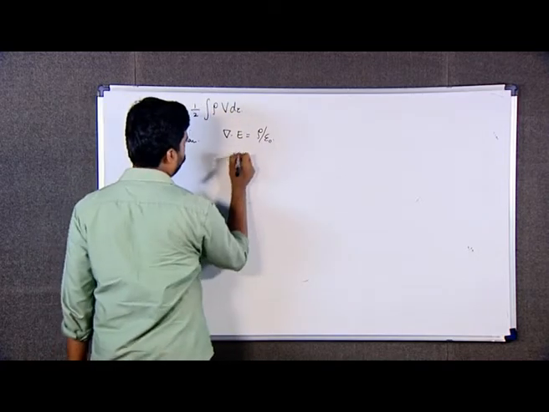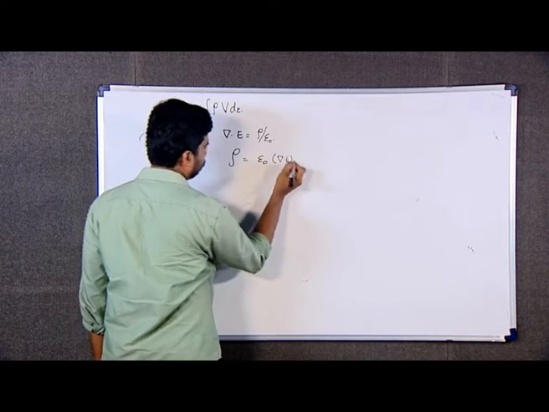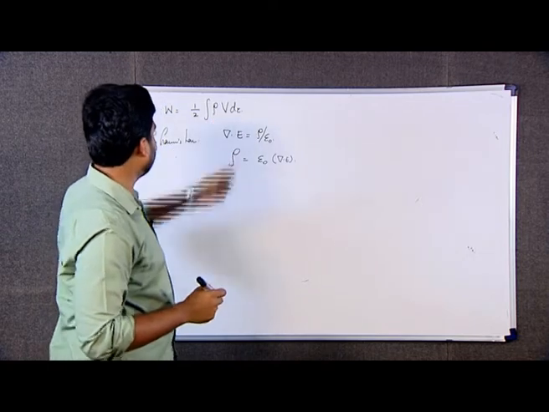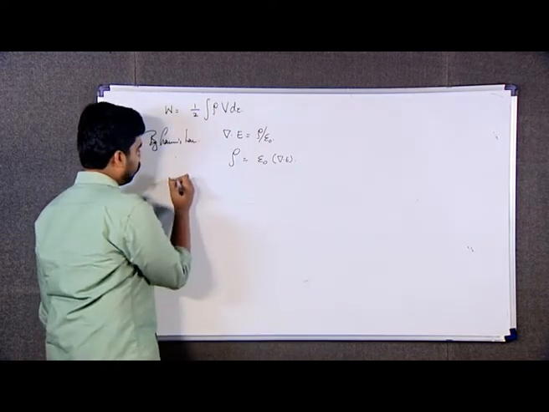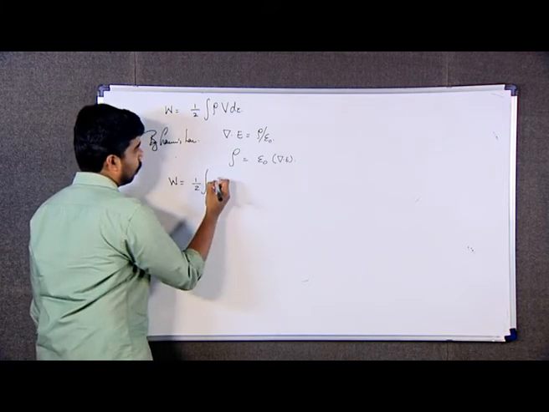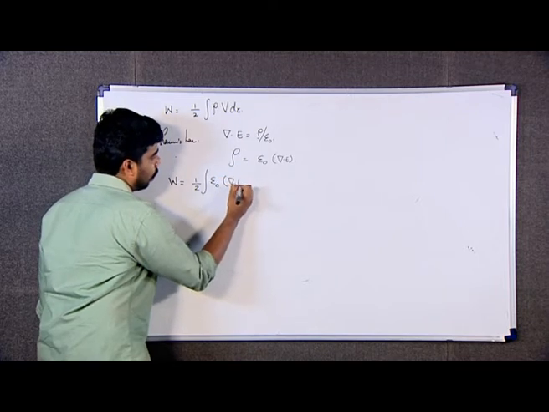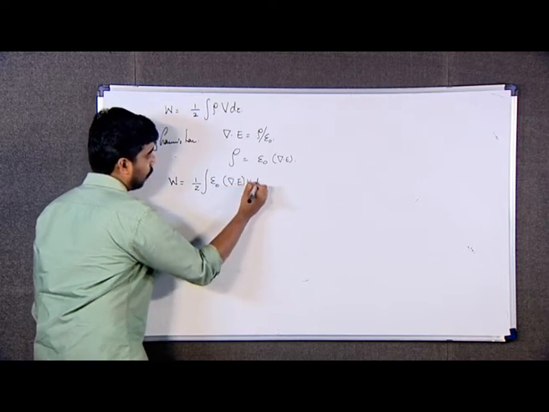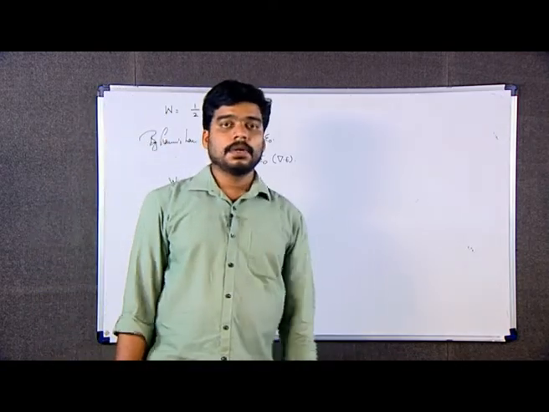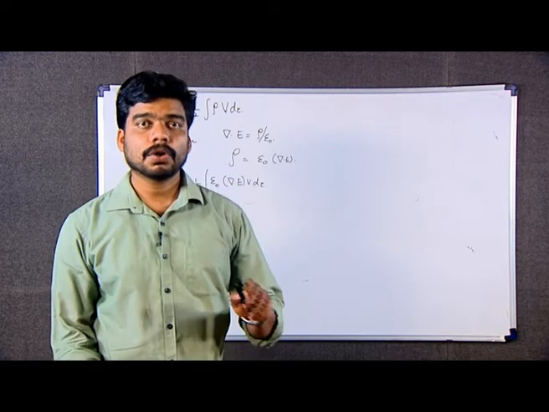That means rho is equal to epsilon 0 into del dot E. So, I am substituting this value here: W is equal to half into integral epsilon 0 into del dot E times V d-tau. How can we solve this integral?